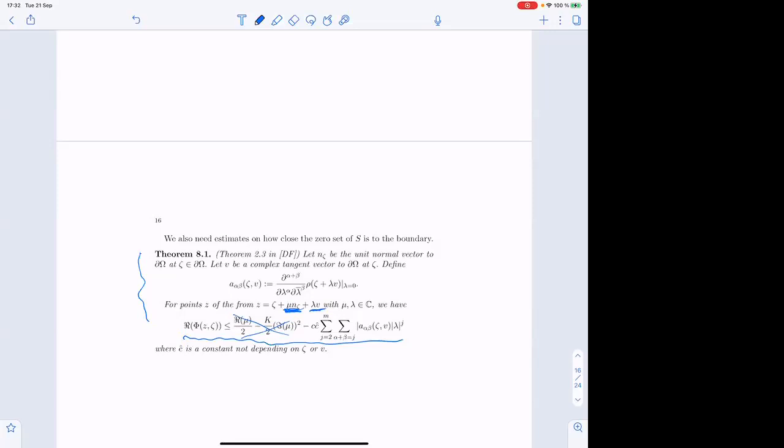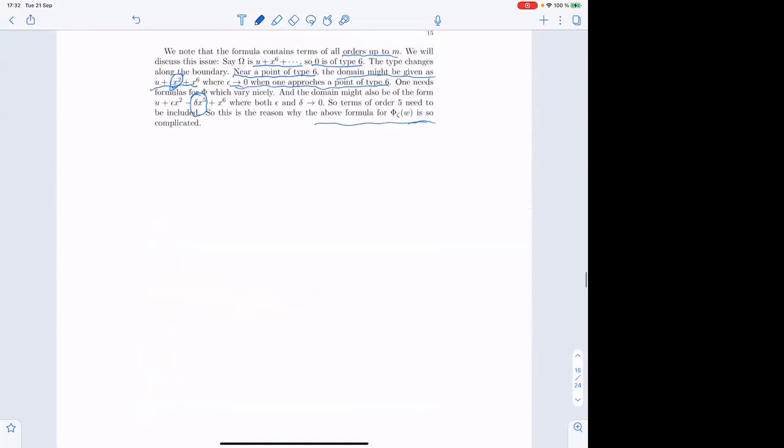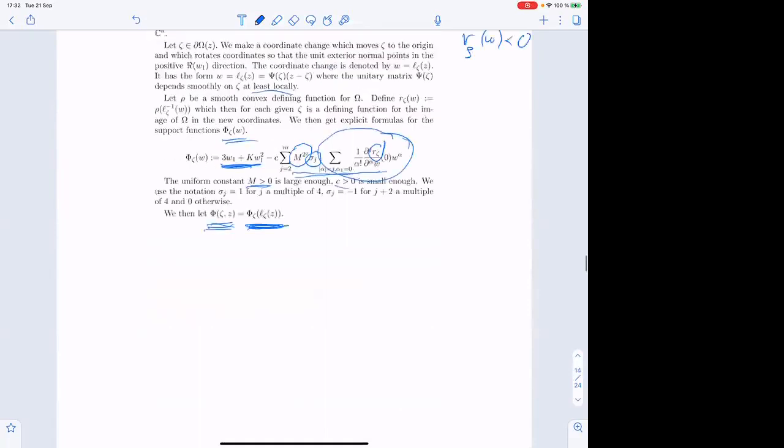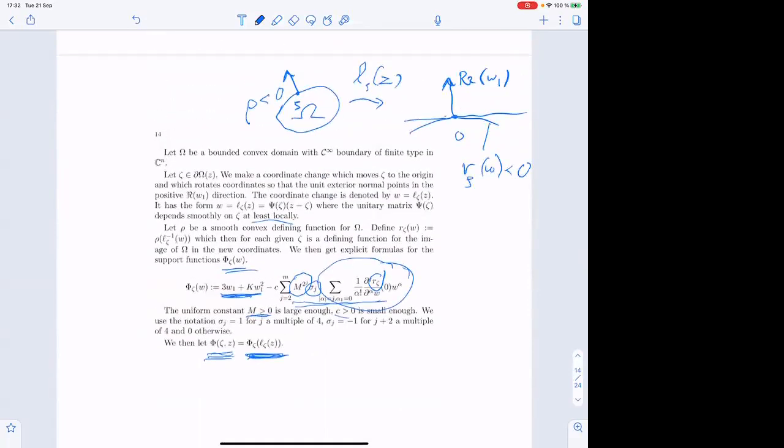And you see that you have a complicated mess of terms, but they're all with absolute value. That's important. You notice this formula has all these terms with messy stuff, but they also can point in all directions.